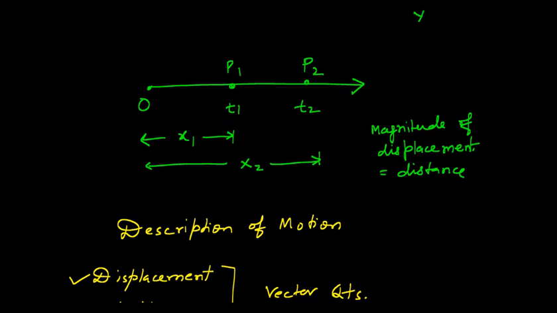In this case, the displacement is written as delta x, which is going to be x2 minus x1. This is denoted by the Greek letter delta, and it doesn't mean that delta is multiplied with x, it means the difference.